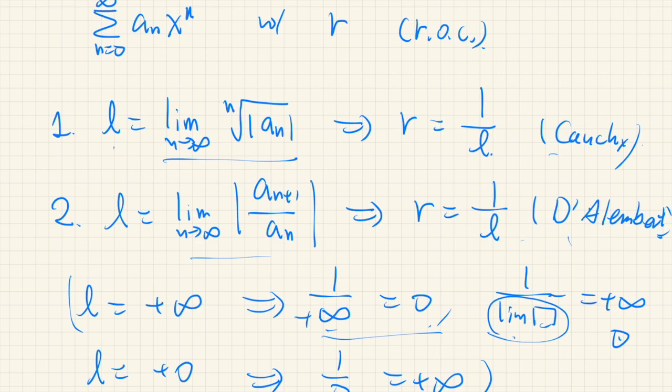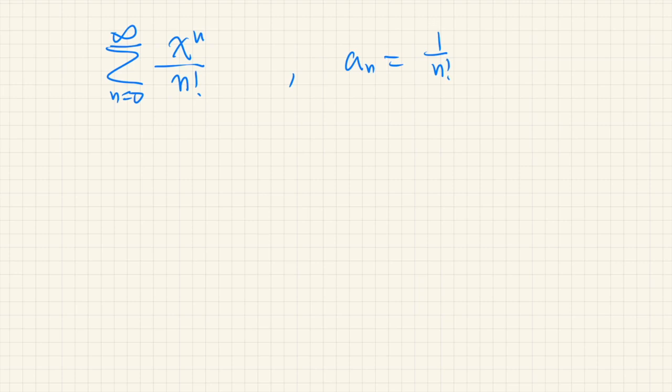Now let's see a few examples. First, consider this famous power series, x to the power of n divided by n factorial. Let's try to find its radius of convergence. Here the sequence of coefficients is 1 over n factorial. So let's calculate the limit of a_(n+1) over a_n.